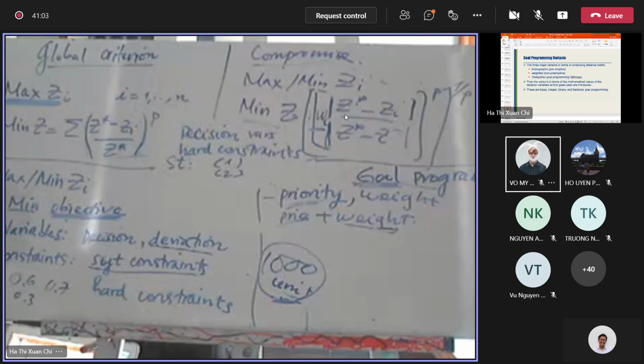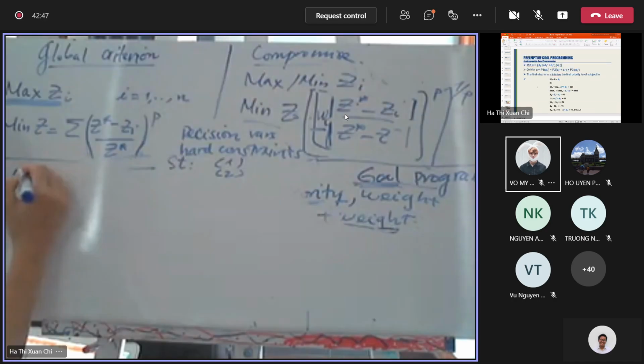So they have minimize priorities P times D. So P represents priorities, and D here is the deviation variable.